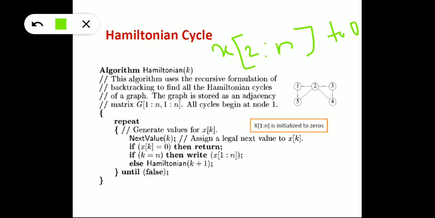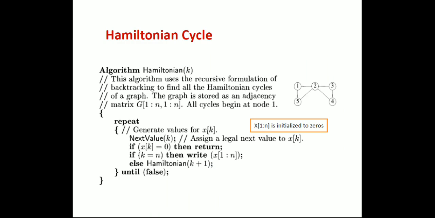And x of 1 is always set to 1, and then we start executing Hamiltonian of 2. So we always set x of 1 equal to 1 because we want to get distinctive cycles. So we fix the source to be vertex 1.